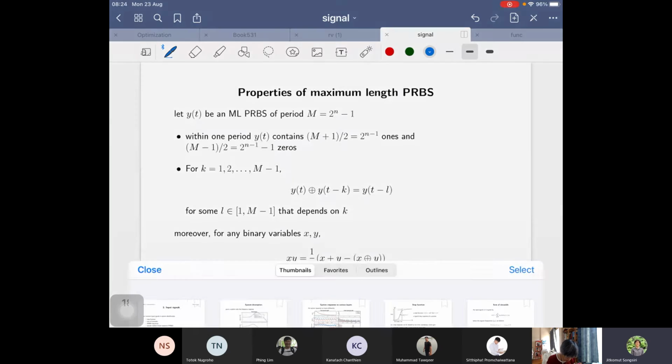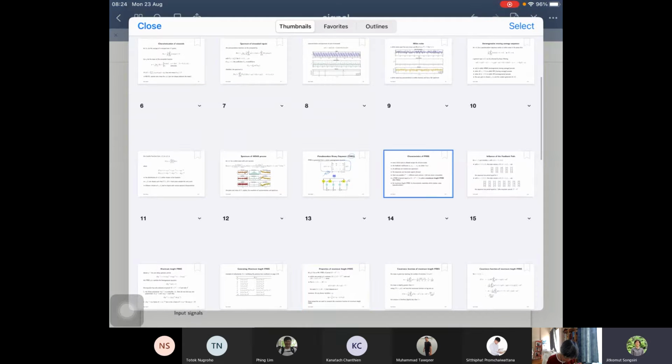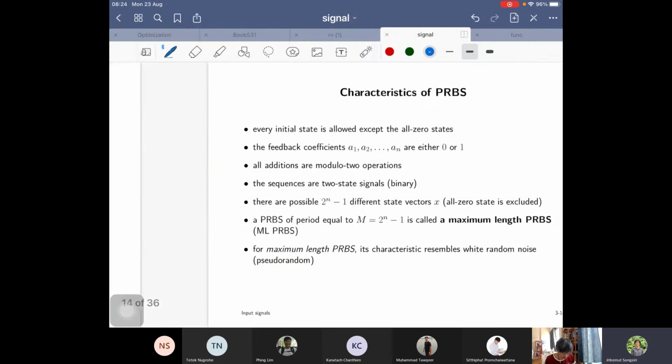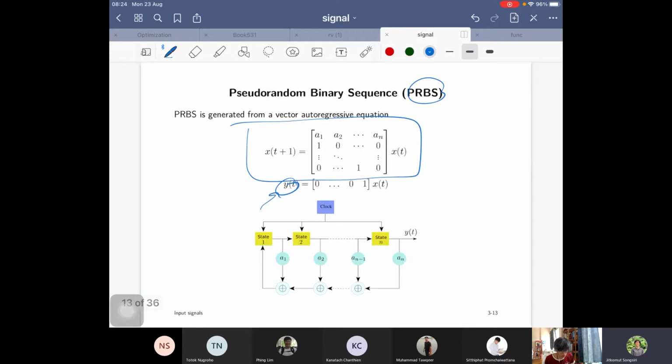Now let me go back to what we're going to learn today. From this description, we're going to look at its properties and characteristics, and focus on the autocorrelation and the spectrum.